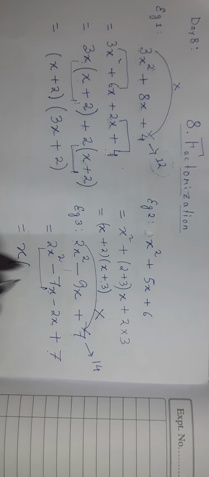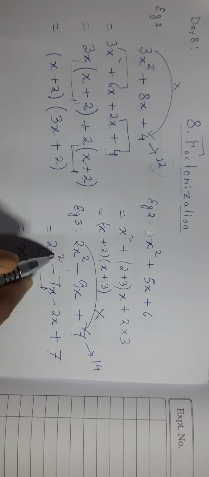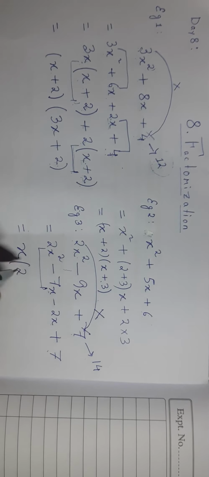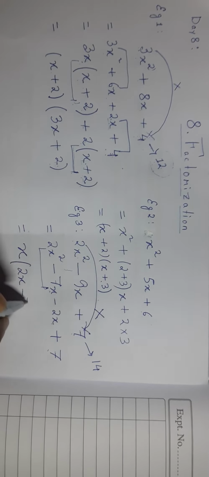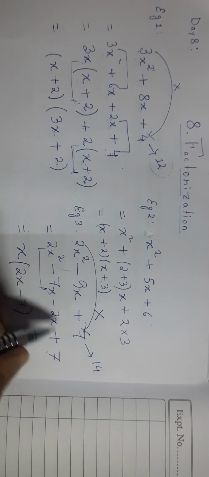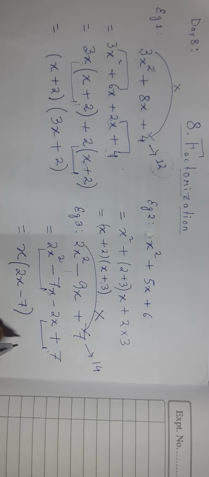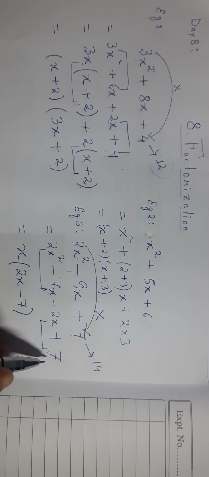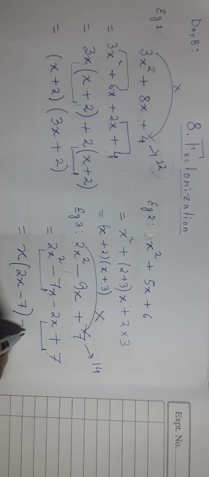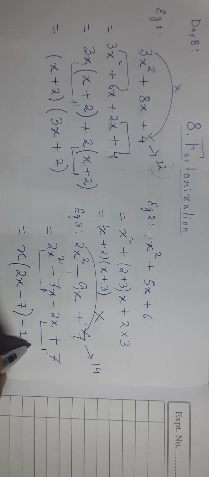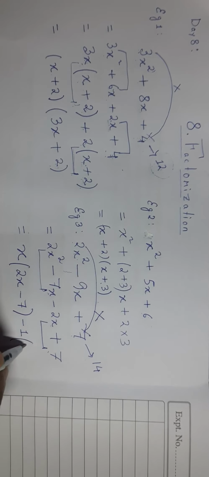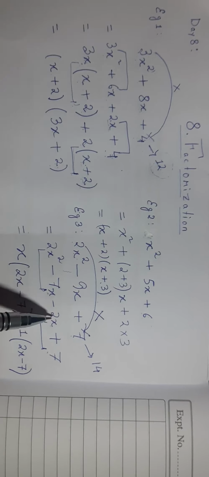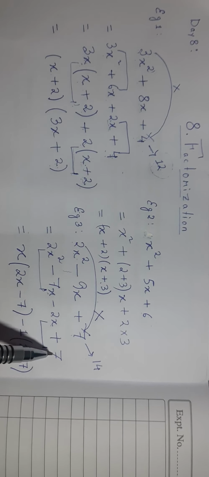If I take x common, I'm left with 2x minus 7. And from the next two terms, actually nothing is common, 2x and 7, nothing is common.